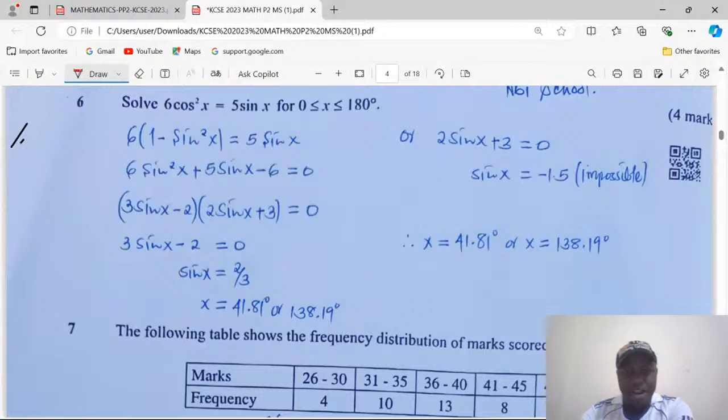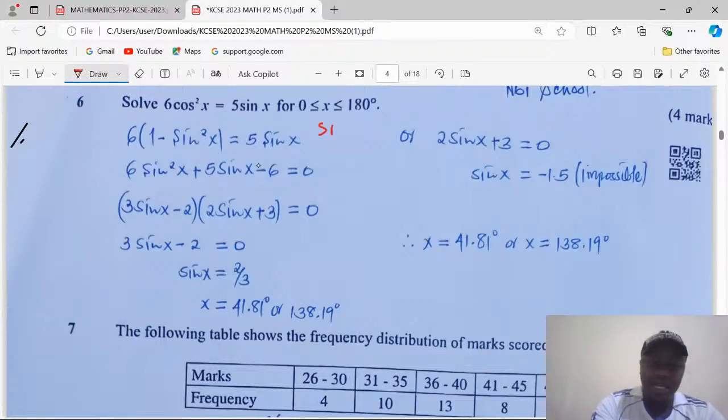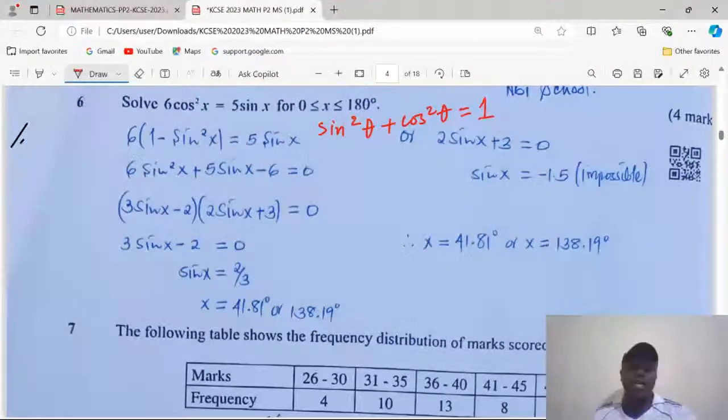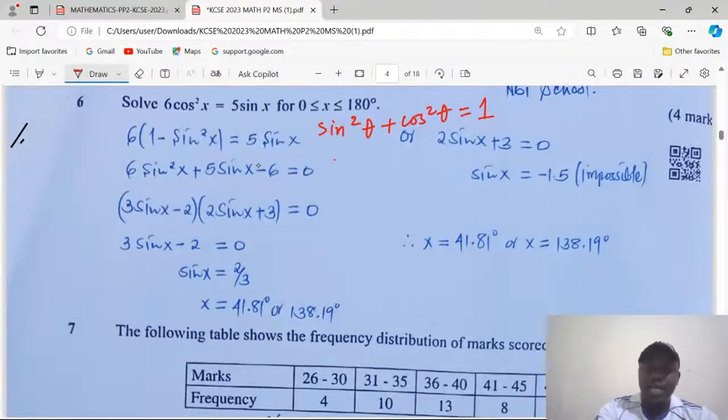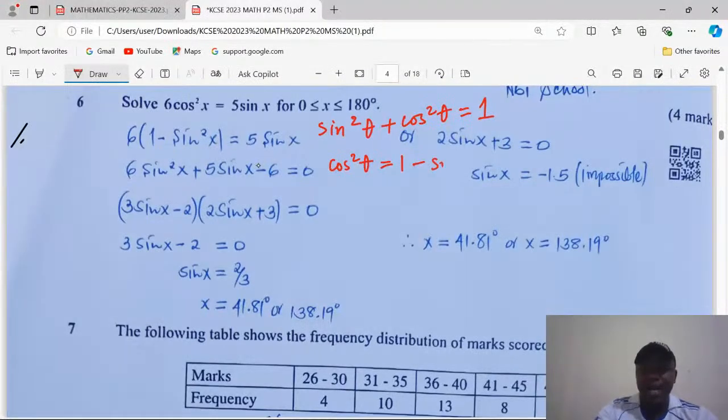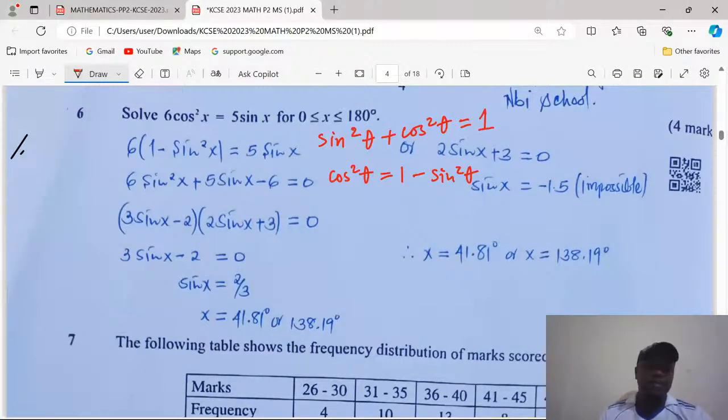We are supposed to know the trigonometric identity: cosine squared of theta equals 1 minus sine squared of theta.